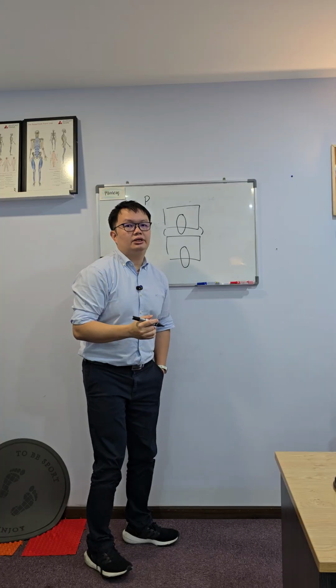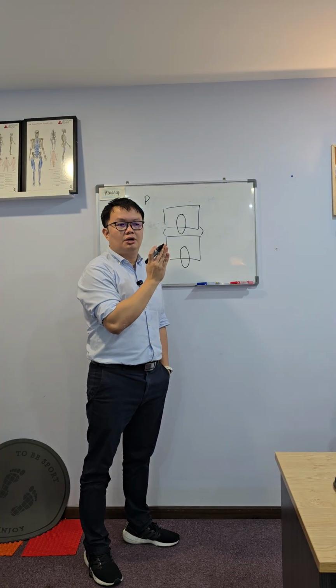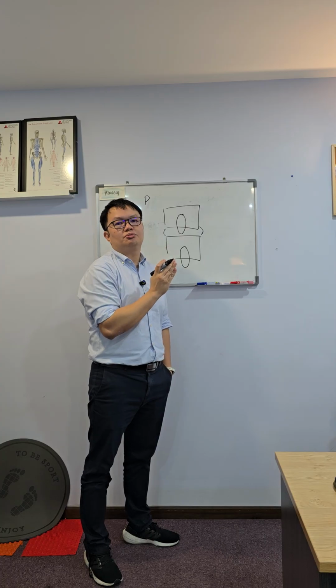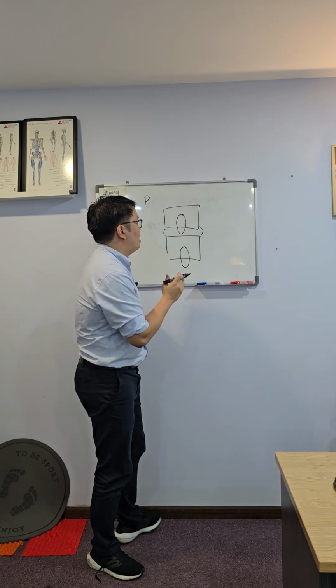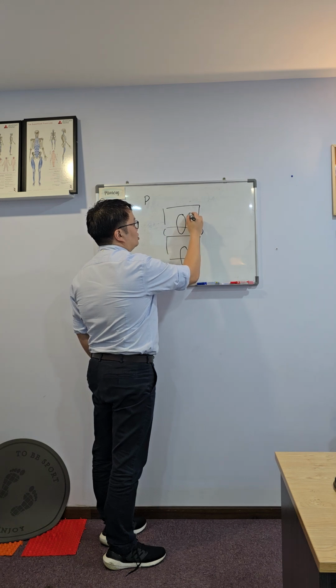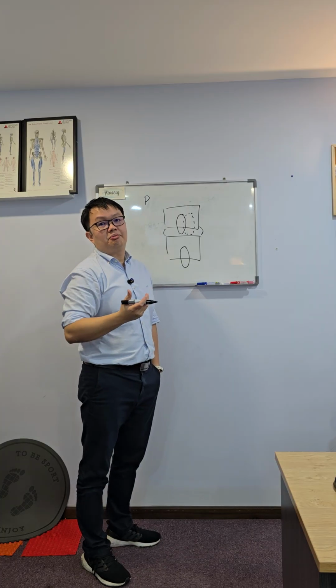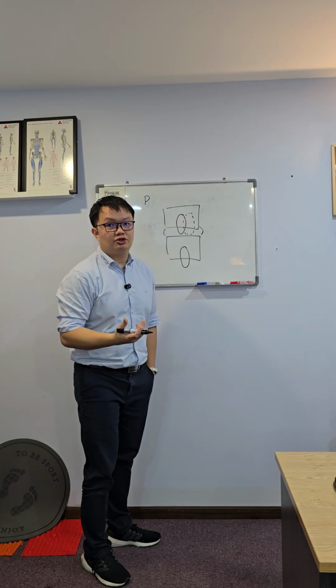The second is in the rotational plane of the spinous process. So what do we have? Your spinous process can be a little bit more positioned towards the right side, okay, or the left side, depending on the view that you have on X-ray.